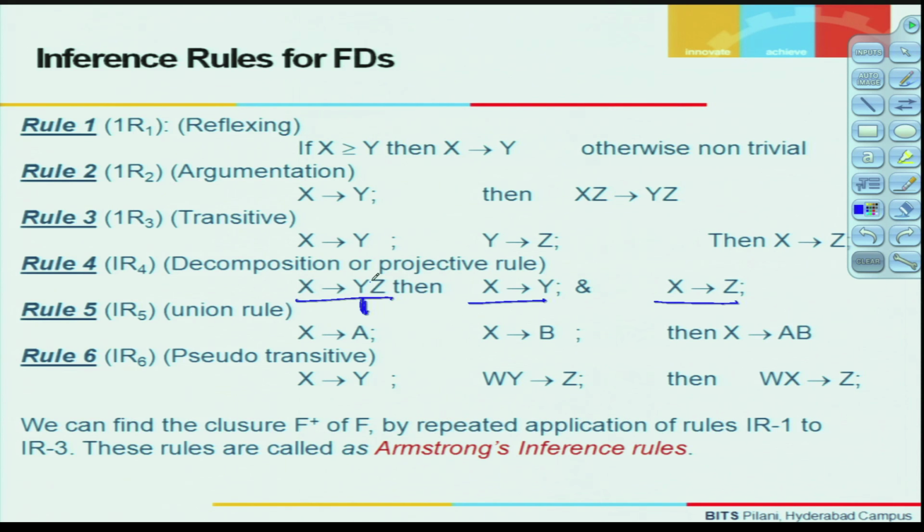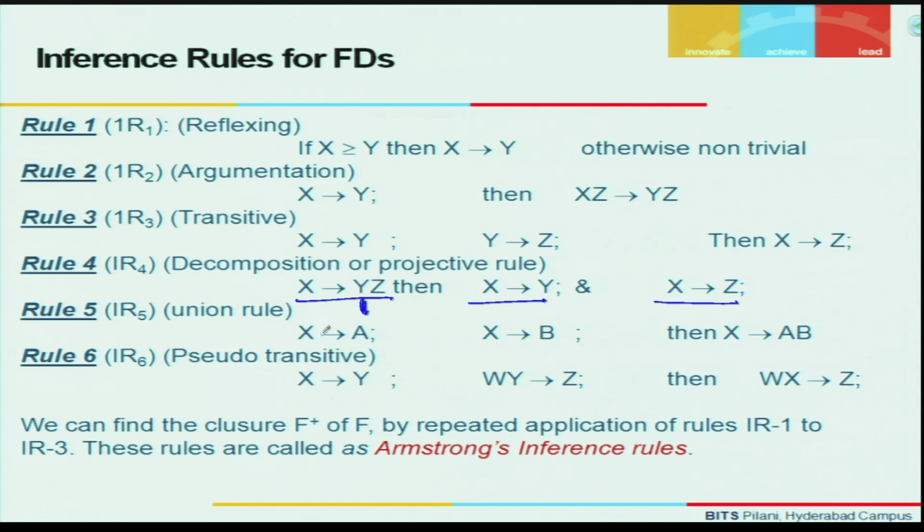The fifth rule is known as union rule. If I have x determines a, and if I have x determines b, I can club them. That is, on the left hand side, I have attribute x. On the right hand side of these functional dependencies, I have a and b.